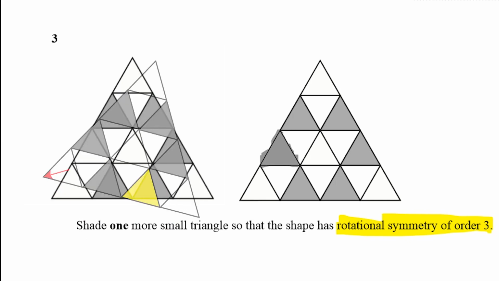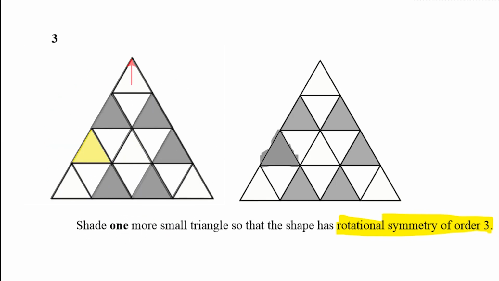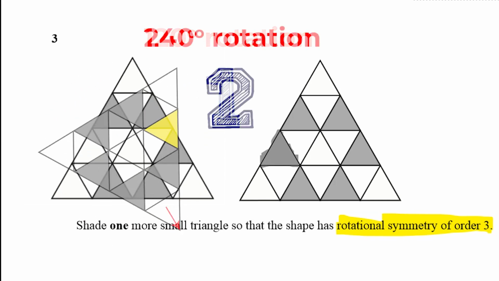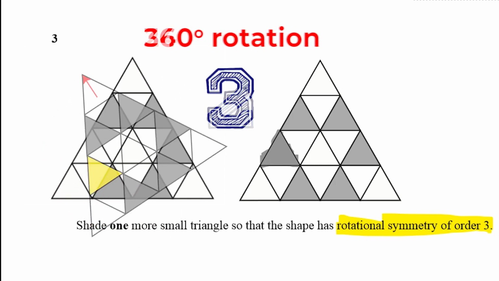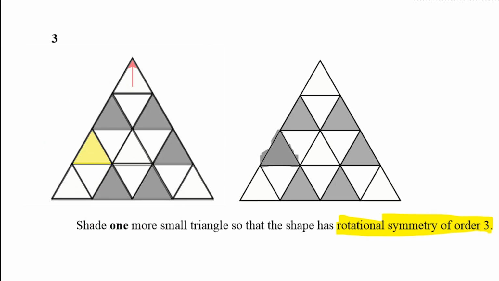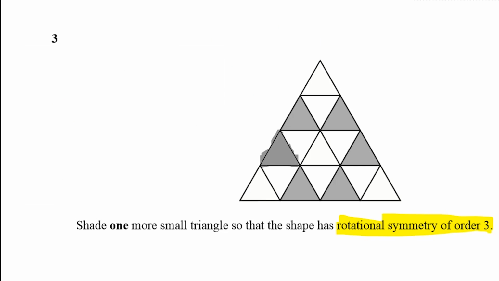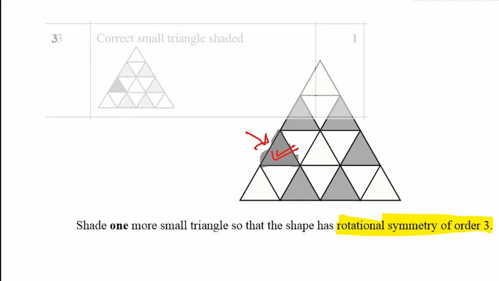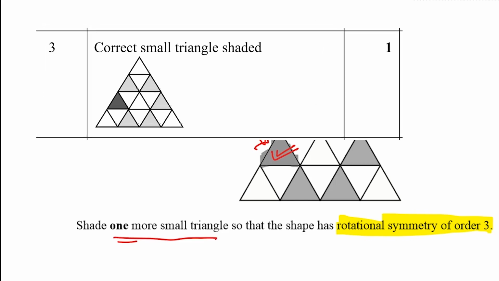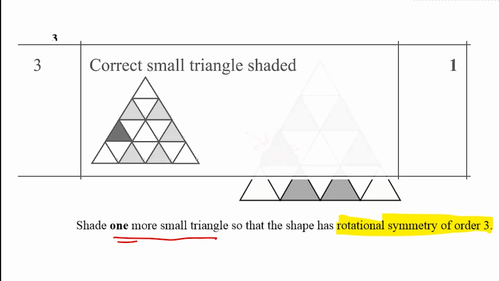If this figure is rotated about its center through 360 degrees, we will retain the same ditto shape 3 times during the rotation. So by shading this one more small triangle, it will have the rotational symmetry of order 3.